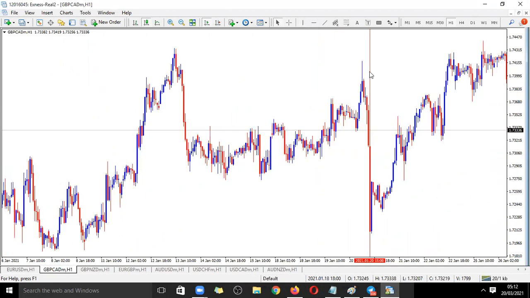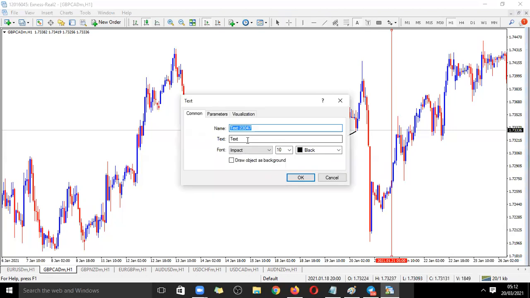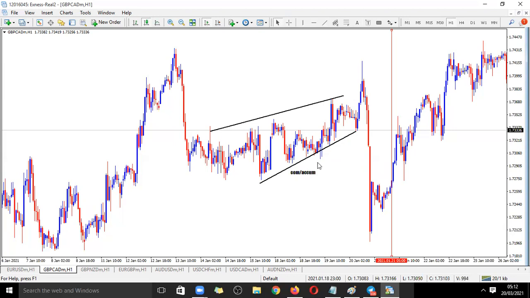Now, I think you guys are seeing what I'm seeing. Here we had a compression forming, a stroke accumulation, and up here we had a decision point.